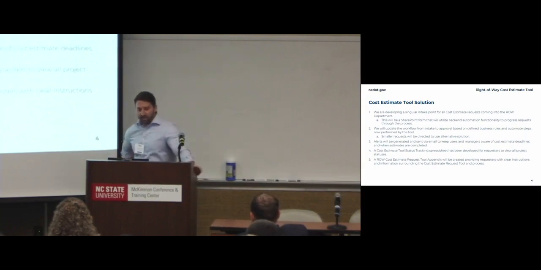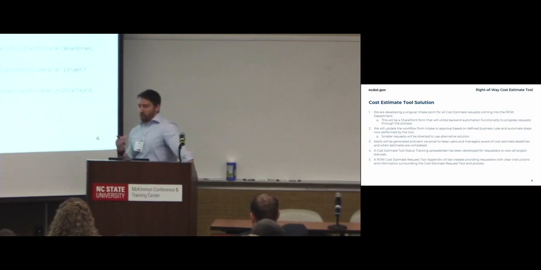In addition to the tool itself, we generated some documentation. The cost estimate tool status tracking spreadsheet is already in place right now. If you have been submitting any cost estimate requests in the last month or a couple of months, that spreadsheet has already been in place and is being managed by right-of-way unit staff.